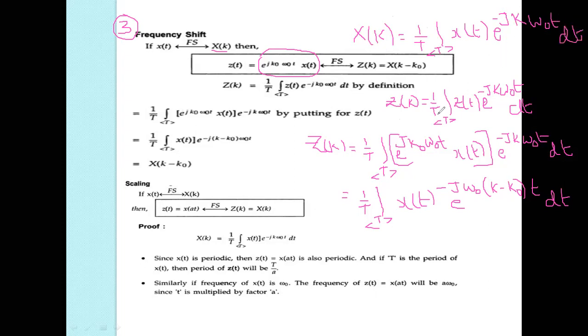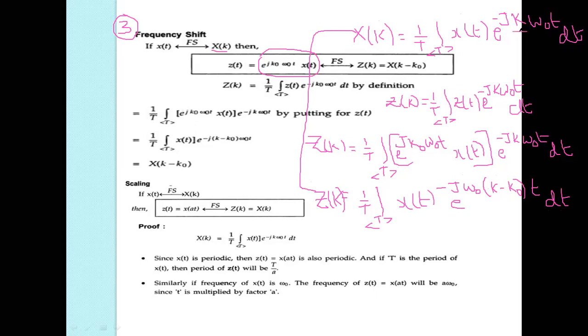So now you can observe these two equations. Here the x of k, this is z of k: 1 by T, the integral over T, x of t, e power minus j omega naught t, and the k here, dt.